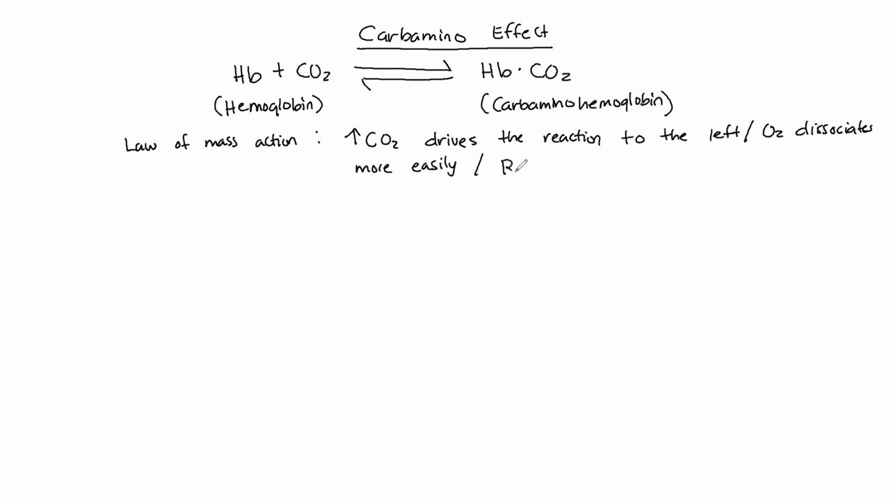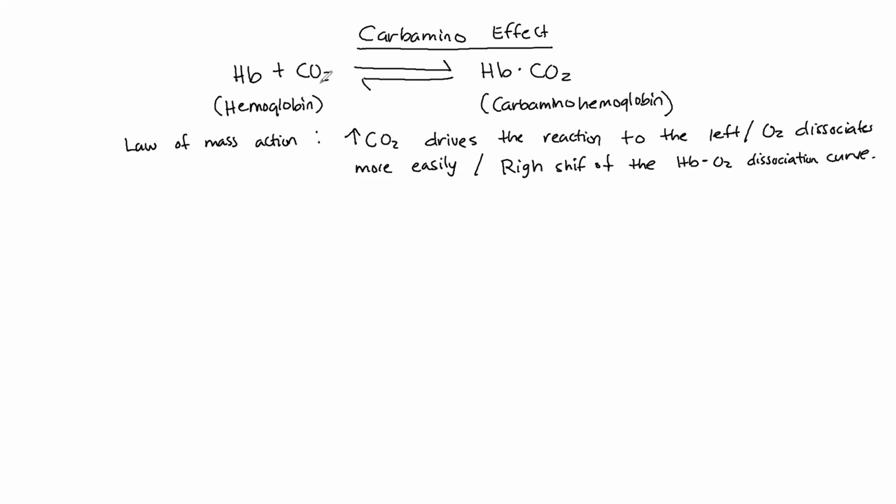In other words, our curve is going to shift to the right. And I'm going to actually put here, instead of just right shift, right shift of the hemoglobin oxygen dissociation curve, just so that we understand it has nothing to do with this left or right.